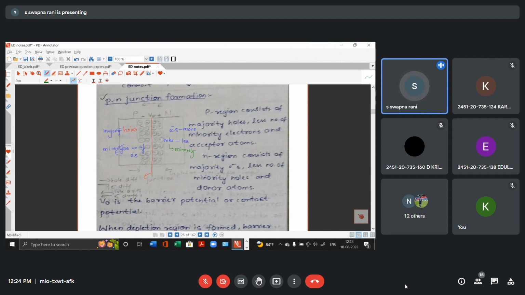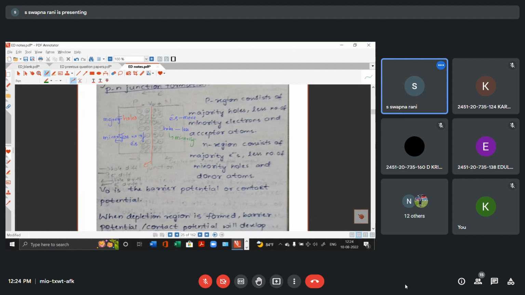So in each semiconductor region, whether it is P or N, the region consists of majority and minority charge carriers.